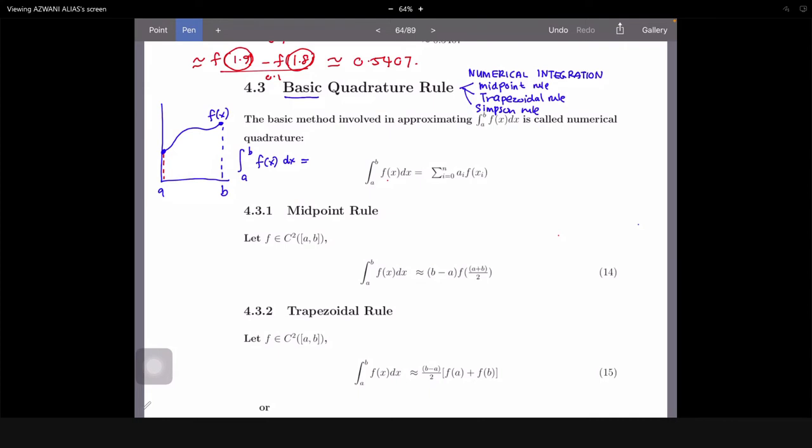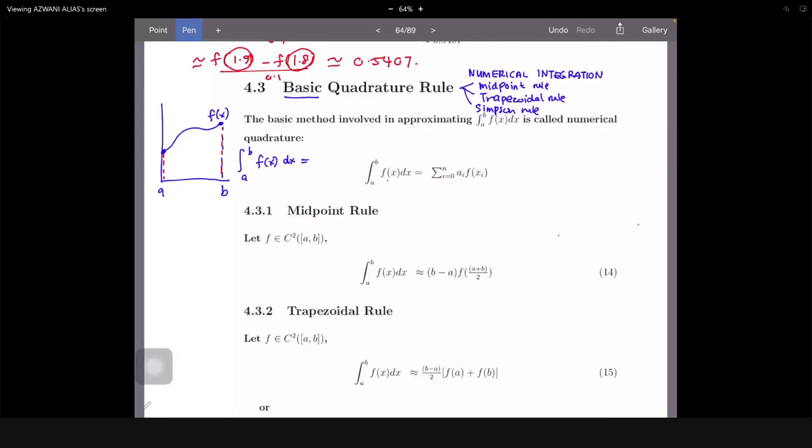Ingat tak? Kita ada point A, kita ada point B, and kita ada function. Kita kamirkan, kita integrate the function from A to B. Apa yang dimaksudkan dengan integration ni? What is the output of the integration ni?